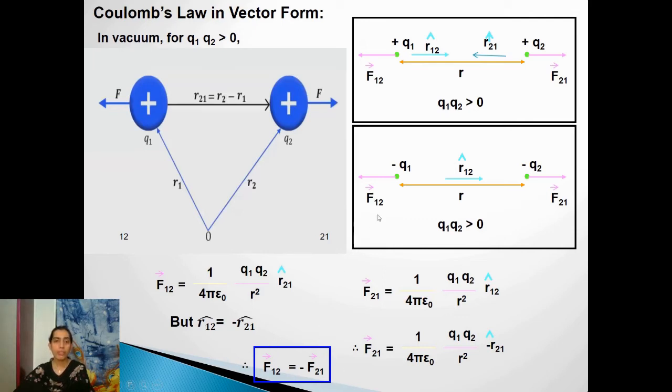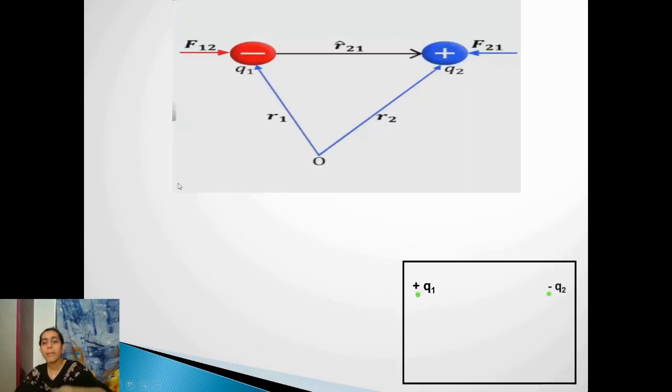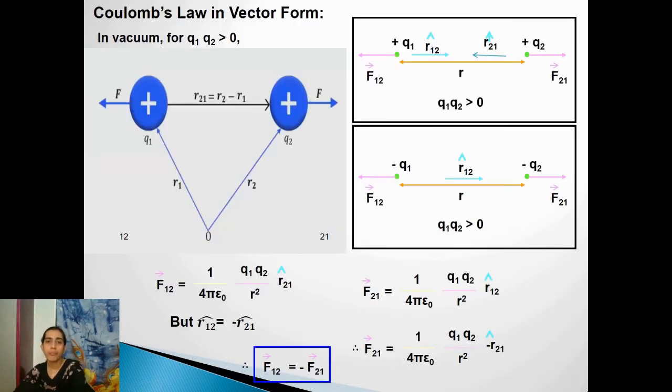One more important thing you should note here is the product of these two charges, Q1 and Q2. If it is greater than 0, it means the charges are of the same type, that is plus plus or minus minus, then the nature of the force exerted between these two charges will be a force of repulsion.